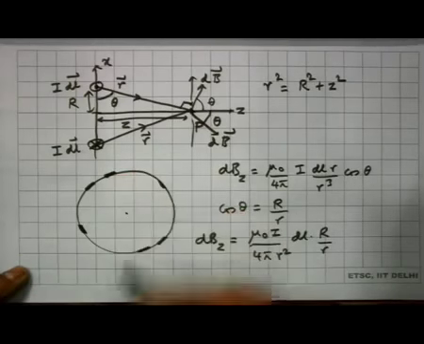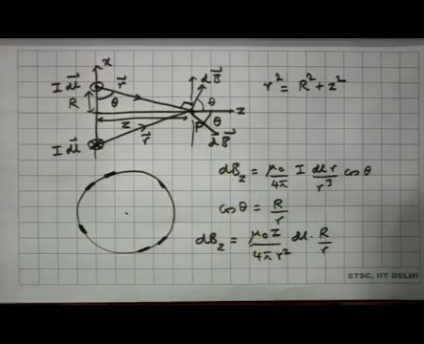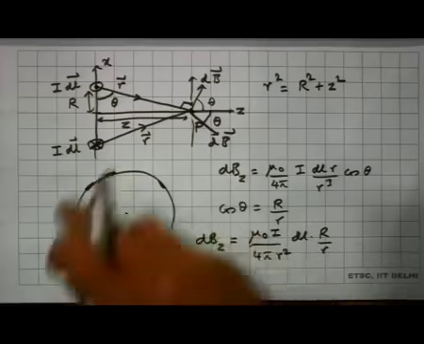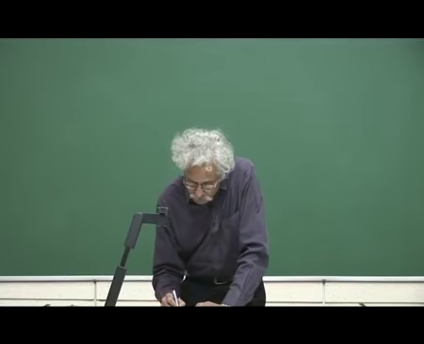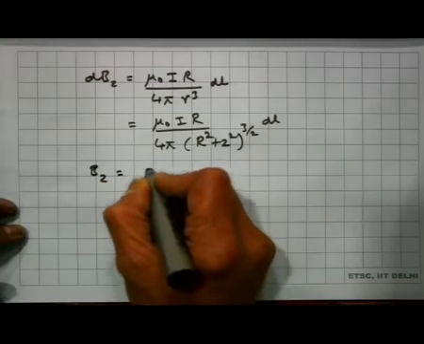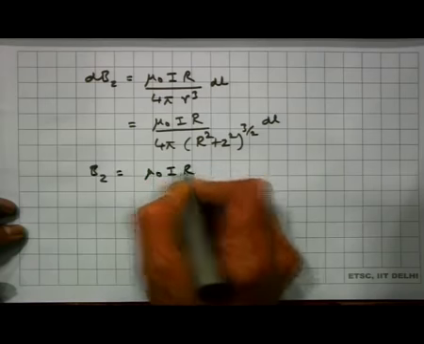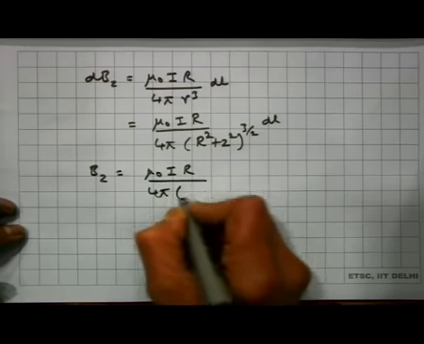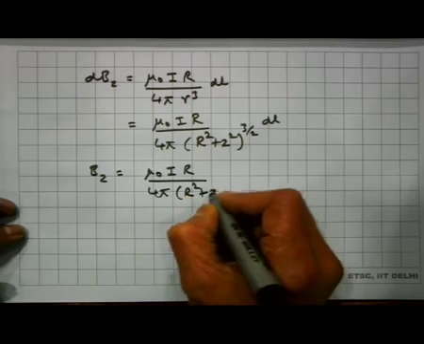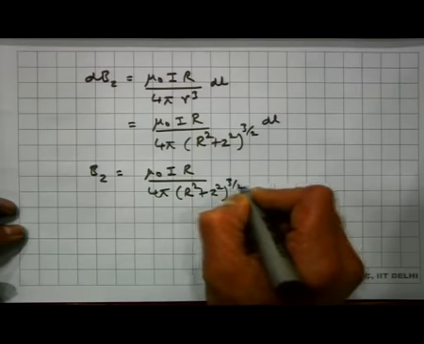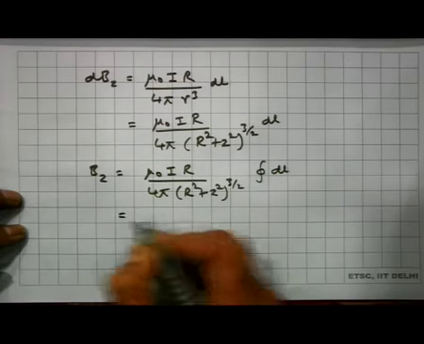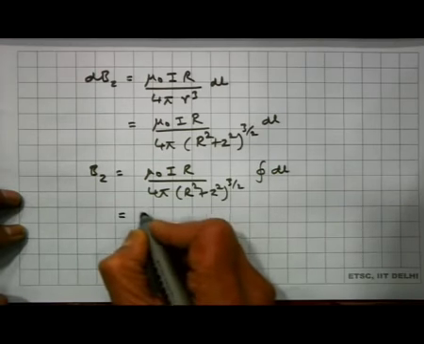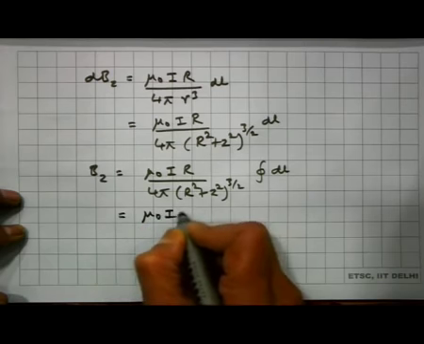Suppose this is the element. Now, I must integrate over all the elements of the current which is along the circle. So, I will integrate this to get the total magnetic field Bz is equal to mu naught I r by 4 pi r square plus z square raised to the power 3 by 2 integral dl, and integral dl is nothing but the circumference, which is 2 pi r.